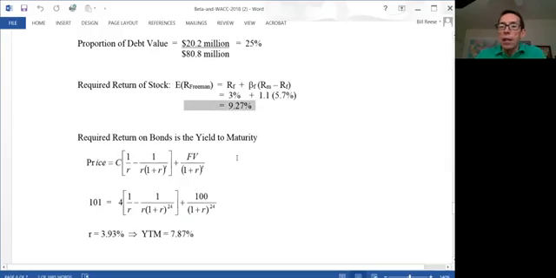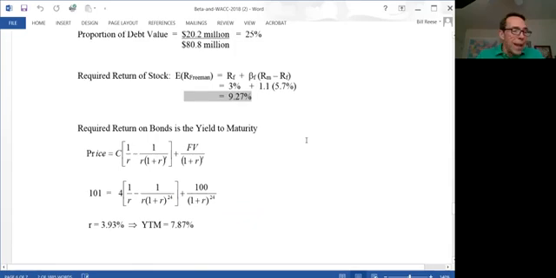So let me say that again. A zero NPV project means the bondholders get 7.87%, the stockholders get 9.27%. Average those numbers together, and you get the 8.51%. So the 8.51% discount rate allows the bondholders to get 7.87% and the stockholders to get 9.27%.